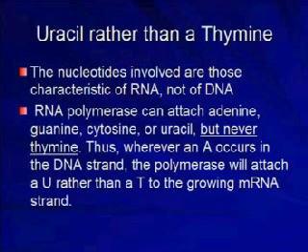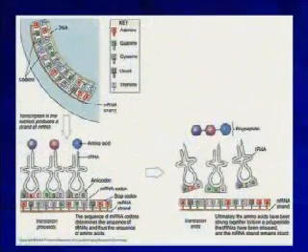So, wherever adenine occurs in the DNA strand, the polymerase will attach uracil rather than thymine to the growing messenger RNA strand. And this illustration, again, out of your book, simplifies the process of transcription, especially in the nucleus, and how it produces a strand of messenger RNA.